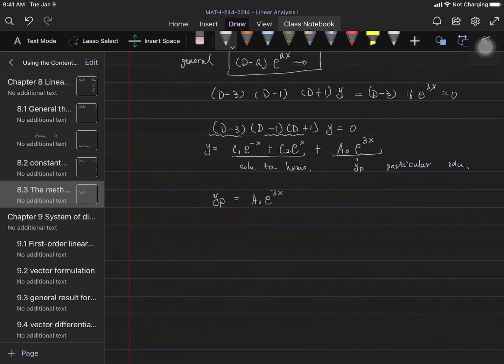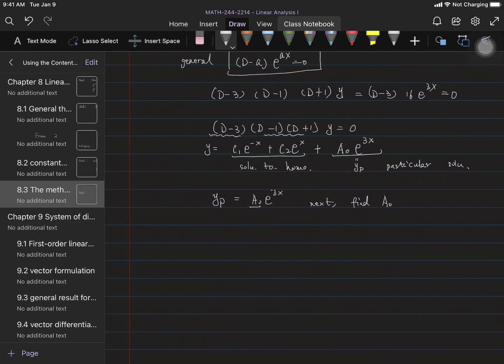And next we are going to find a naught, okay, the coefficient, because this is the particular solution of the differential equation. So this one should satisfy the differential equation, right? We want to determine the a naught. Let's plug in.